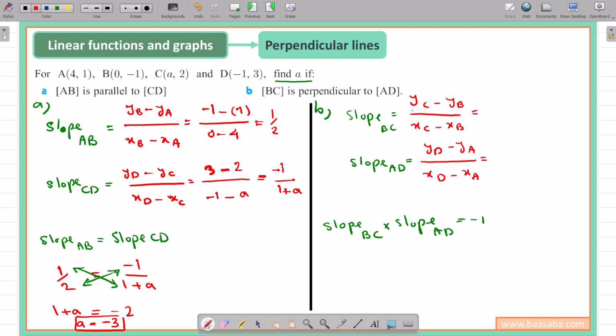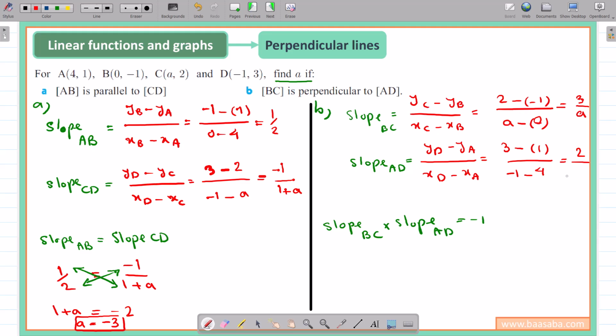Let's substitute the coordinates. YC is 2 minus yb is -1 over xc is a minus xb is 0. This one is 3 over a. The other one, yd is 3 minus ya is 1 over xd negative 1 minus xa is 4.